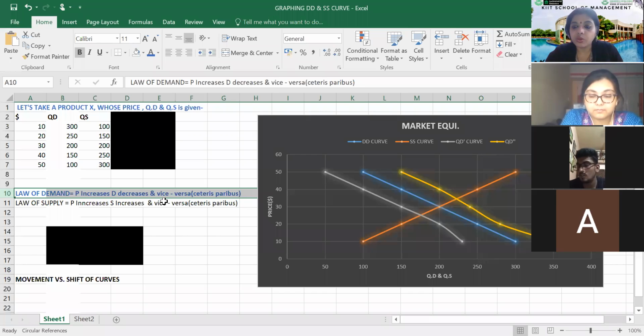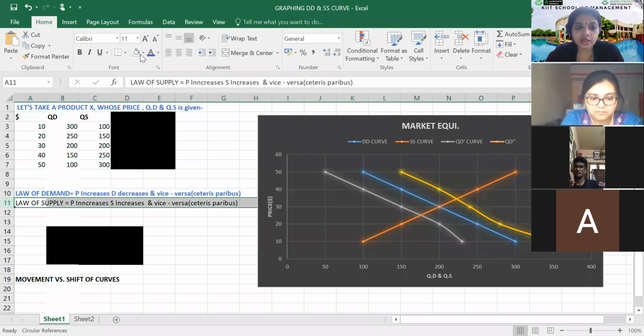Vice versa. Along with that, the main condition is we are assuming that the other factors need to remain constant. So if the other factors are constant, only then will this law of demand prevail and hold good.